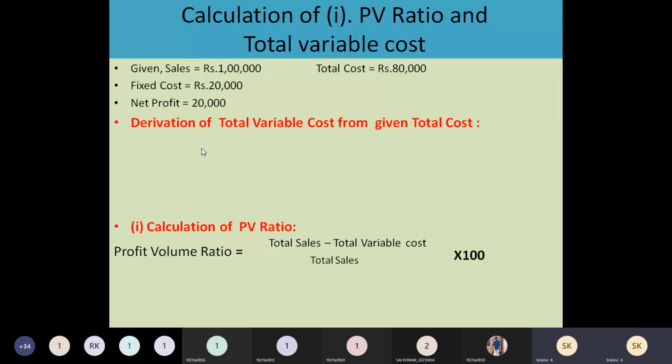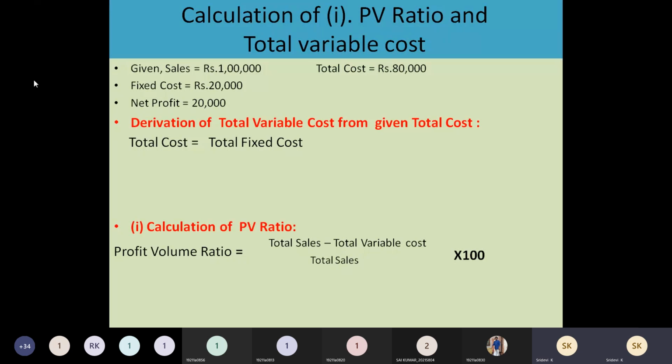Keep the heading: derivation of total variable cost from the given total cost. So total cost is equal to, what is the formula? Already we have discussed it while discussing the cost concepts, and even in break-even point while discussing the break-even point theoretically, we have used this formula.